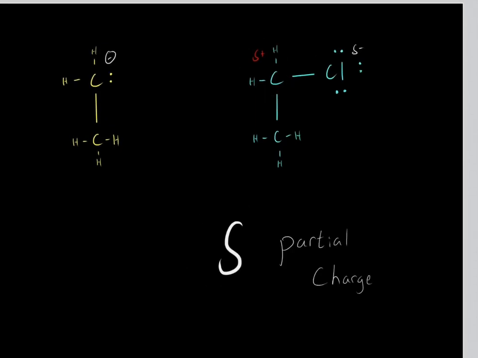Whenever you see the δ symbol, that refers to a partial charge. But again, the point is carbon and chlorine have different electronegativities, where chlorine has a higher electronegativity, so it's going to pull negative charge density and have a partial negative charge, while this carbon has a partial positive charge. So again, this is localized charge. This is localized positive charge, and this is localized negative charge.